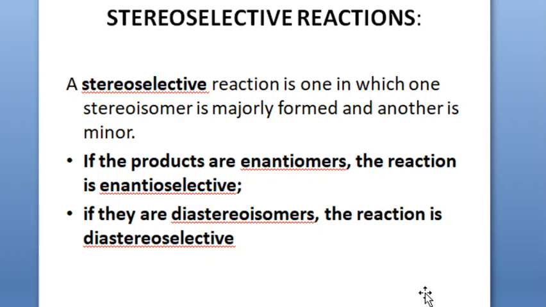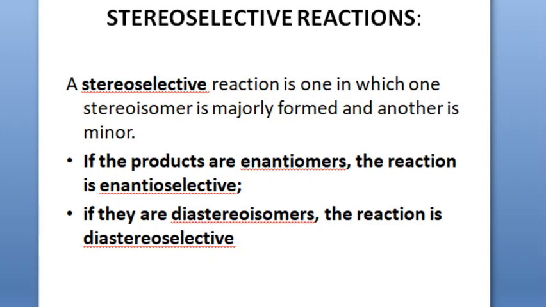So where one of the enantiomers is produced in more quantity and the other in less, such synthetic processes, where one of the stereoisomers is majorly produced, can be classified as stereoselective.